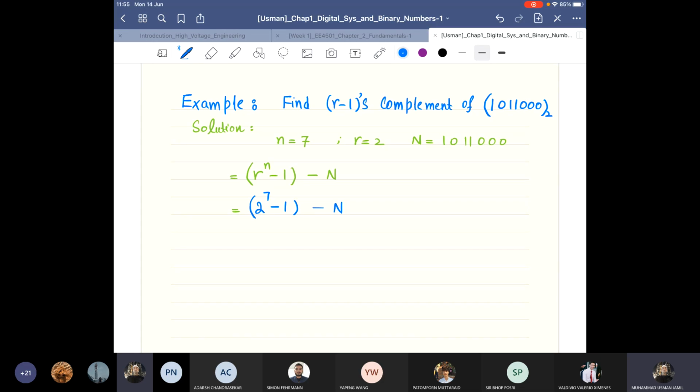So now if you do now 2 power 7, so now how you can do?